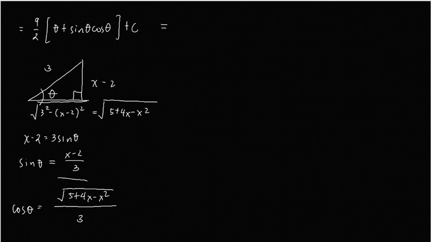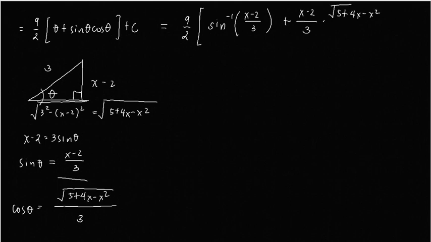So finally, we have 9/2 times the quantity theta, which is the inverse sine of x minus 2 all over 3, plus sine of theta, which is x minus 2 all over 3, times cosine of theta, which is the square root of 5 plus 4x minus x squared all over 3, plus c.